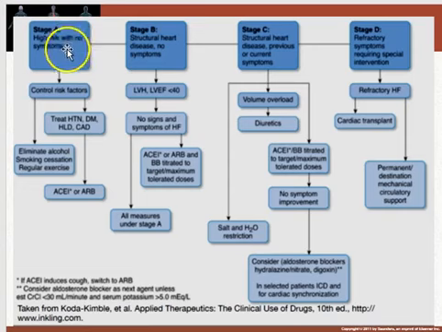For example, stage A basically has a high risk of heart failure with no symptoms. So the first thing that you should do is control risk factors, and that includes treating underlying conditions: hypertension, diabetes, hyperlipidemia, and so forth. And then also lifestyle modifications, including alcohol cessation, smoking cessation, increased exercise, and so forth.